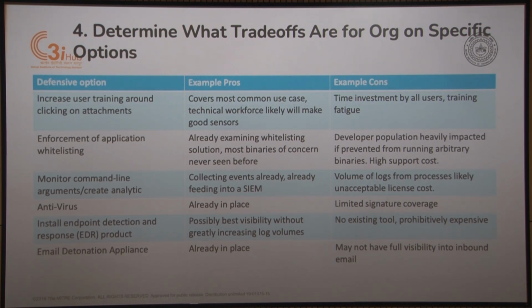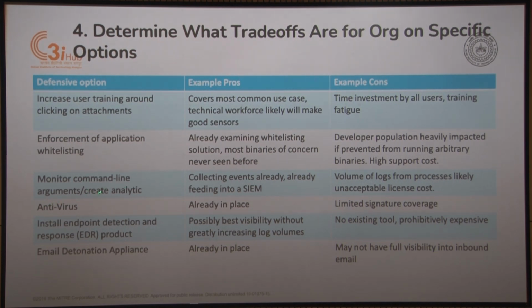But again, most binaries of concern are never seen before. There may be systems in the victim infrastructure that regularly have to run arbitrary binaries for experimental or research purposes, and that comes under the cons. In that case, the developer population will be highly impacted if we implement application whitelisting.